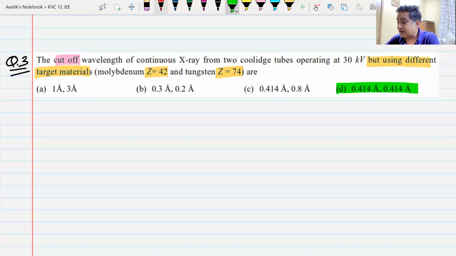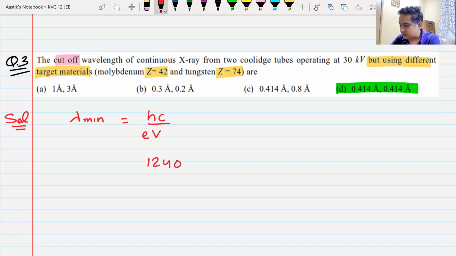Anyways, if there had been more than one option with the same wavelength, you would still calculate it in the same way, using hc by eV, or you can simply calculate it by 12,400 divided by 30 kilo, and you will end up with this answer.